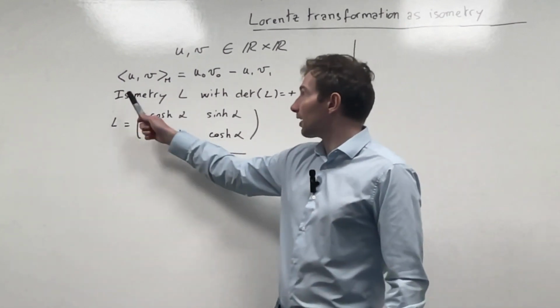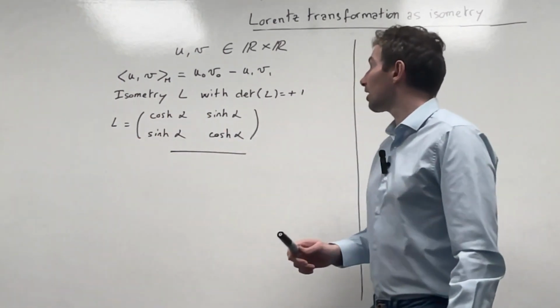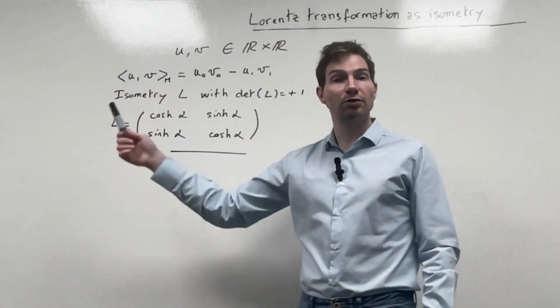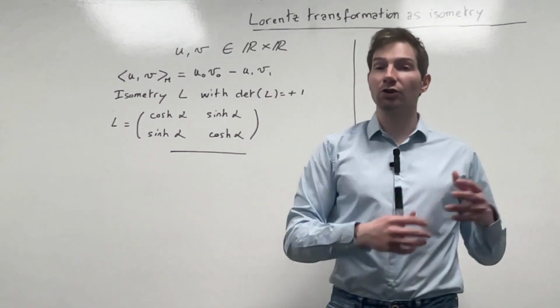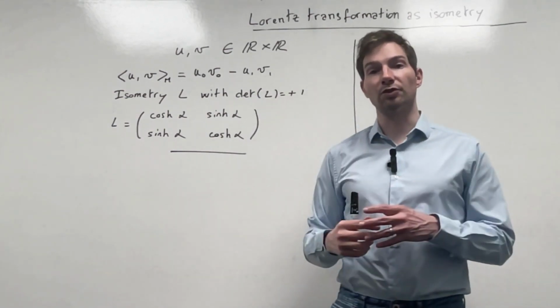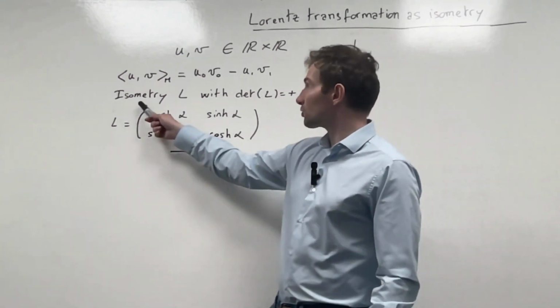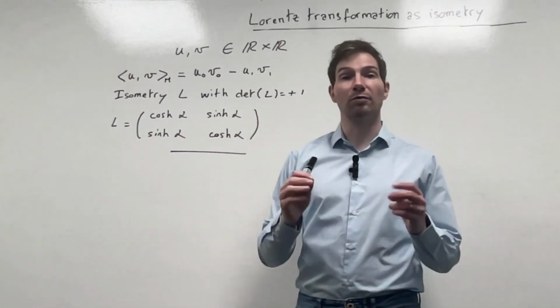Now, what we had found is that we had looked for an isometry L. And isometry means that if you look at the inner product of Lu with Lv, then you're going to get the same as the inner product of u and v. Okay, so here we had looked at a special isometry which has the determinant +1.